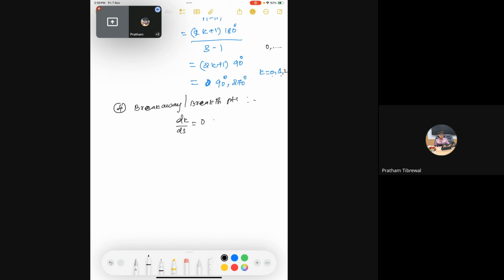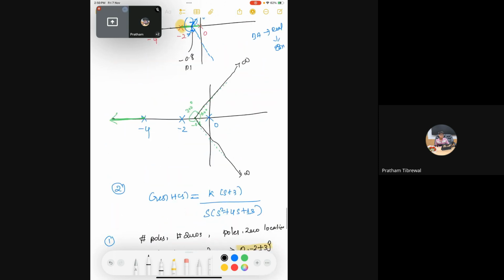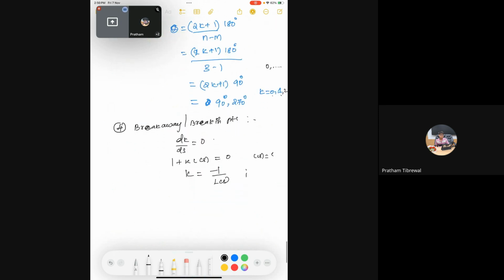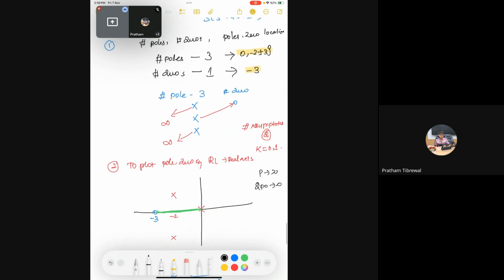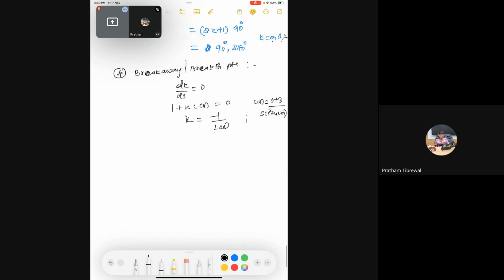So now, this will be 1 plus k into the loop transfer function equal to 0. If I want to find k, it will be minus 1 by L of s. L of s is the loop transfer function, that is G of s into H of s, which is (s plus 3) divided by s into (s square plus 4s plus 13). See, this is my loop transfer function.